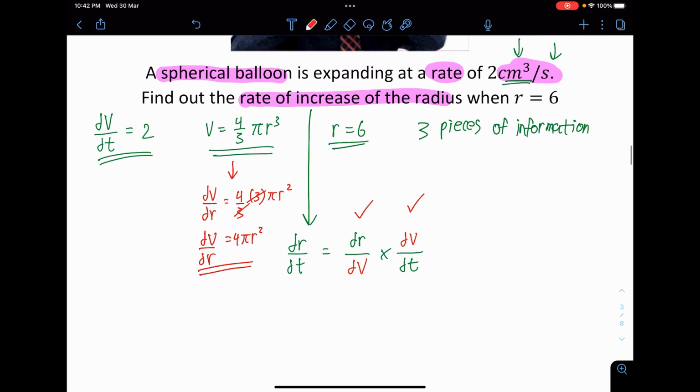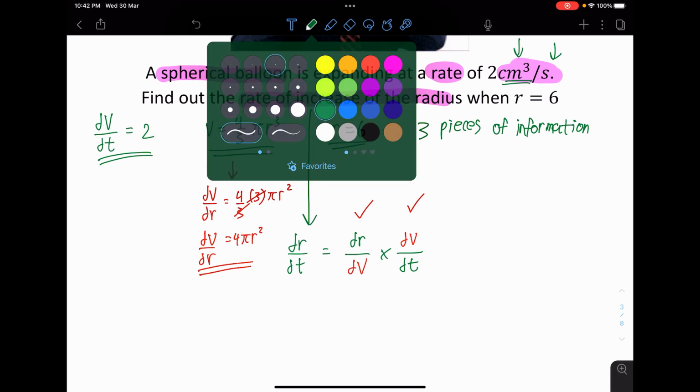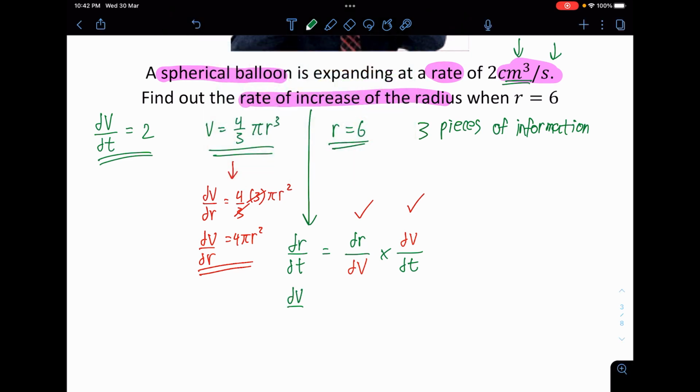So maybe using these three fractions, I'm going to rearrange them. How about getting the dv dt as the subject? That means to say I just put dv and then dt here, and then the rest I just put dr and then dr.